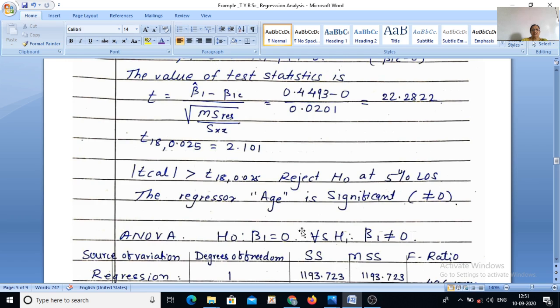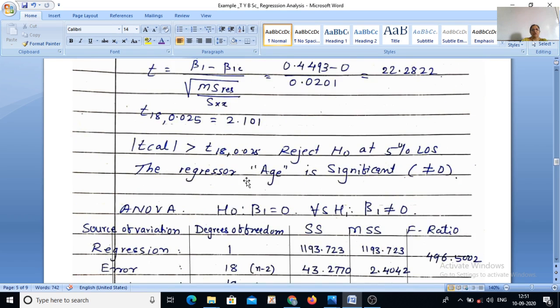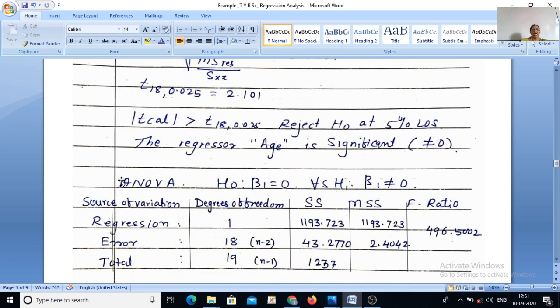Similarly, another method of testing the significance of your regression coefficient is using the ANOVA table. In the analysis of variance table, my null hypothesis is that beta 1 is not significant, that is beta 1 is 0, versus H1: beta 1 is not equal to 0.